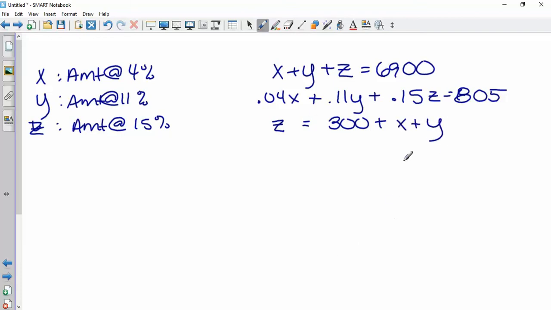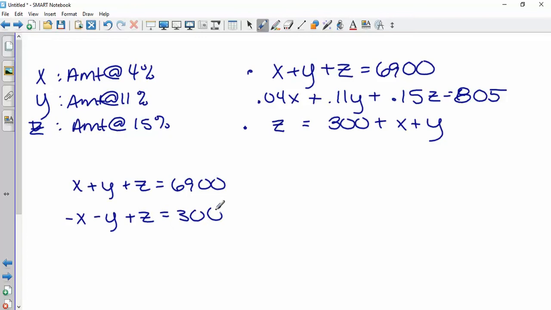So then we have to solve this. So you're going to do substitution and elimination. My suggestion, if you take the first and the third equation, you could subtract over your x and your y here. So in the third equation it'd be negative x minus y plus z equals 300.